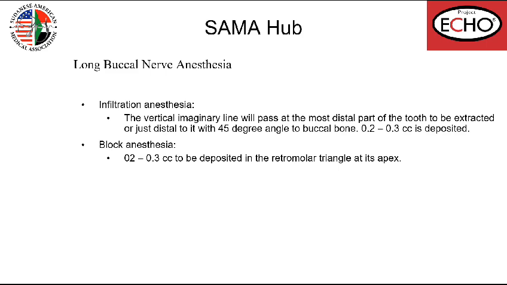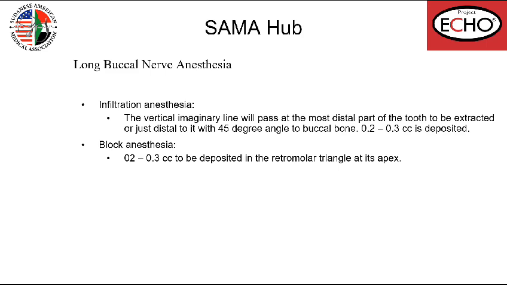Now we can continue. After anesthetizing the inferior alveolar nerve, still, there is a sensation. That's why we need to anesthetize the long buccal nerve. We can anesthetize the long buccal nerve either via infiltration or block anesthesia.